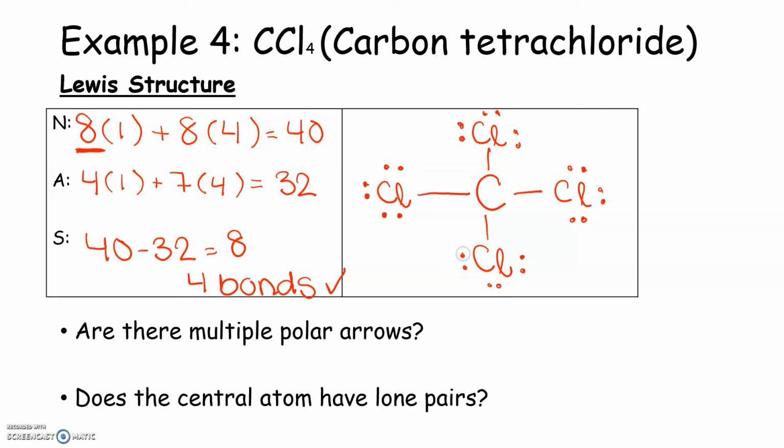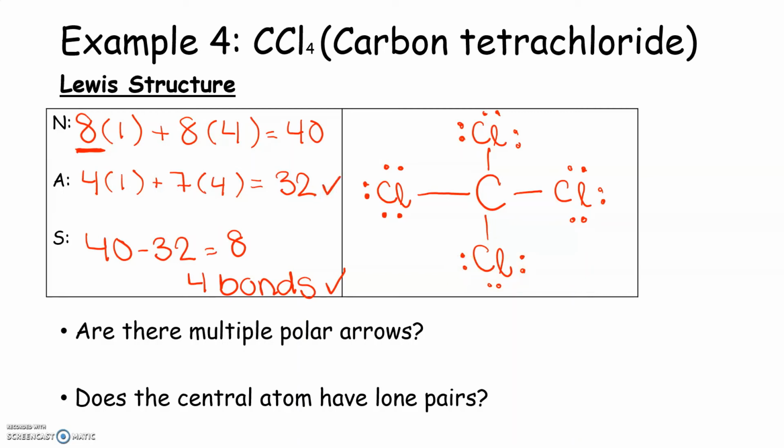And once I've done that, I can go back and check if it matches my available. So I have 2, 4, 6, 8, 10, 12, 14, 16, 18, 20, 22, 24, 26, 28, 30, 32. And that's what I needed.